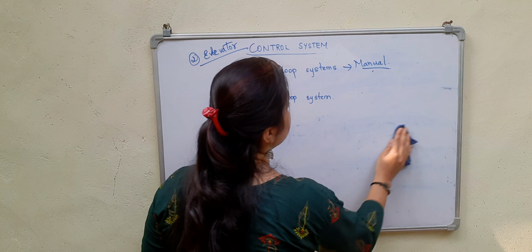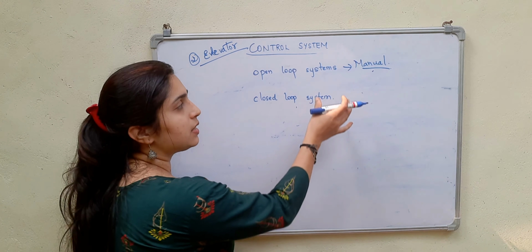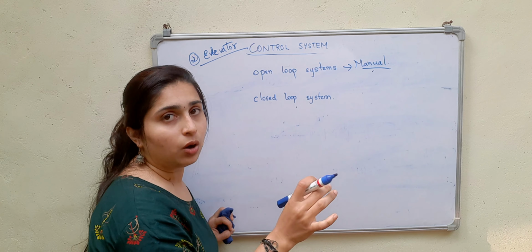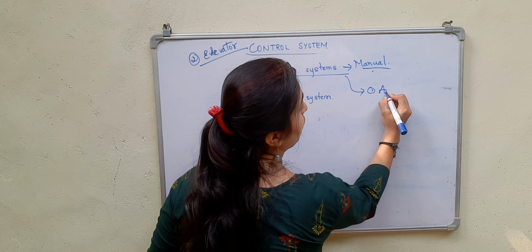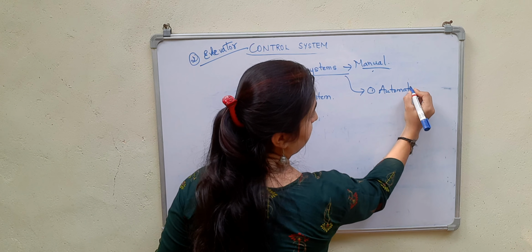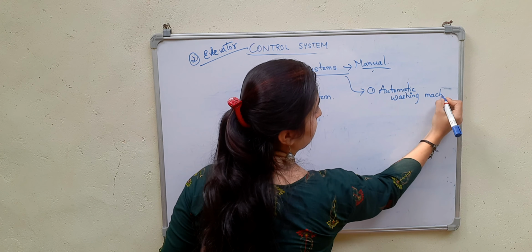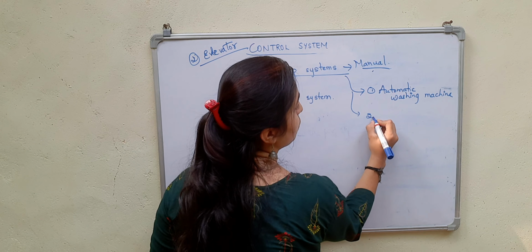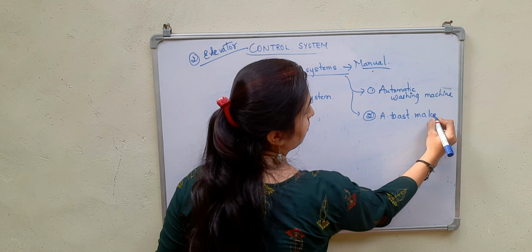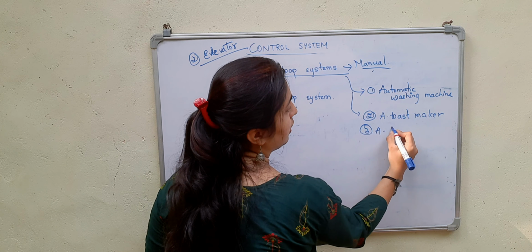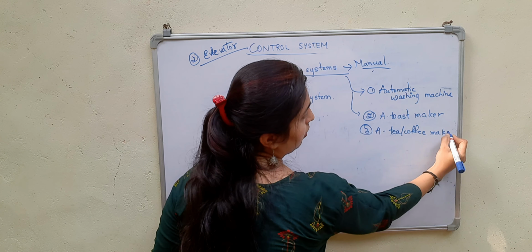So we have open loop systems and closed loop systems. Manual systems are the best examples of open loop systems. For example, I can consider an automatic washing machine, automatic toast makers, automatic tea or coffee maker, and traffic light.